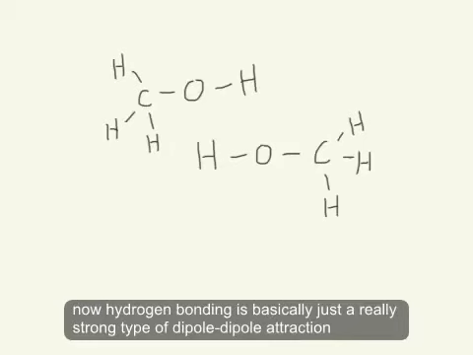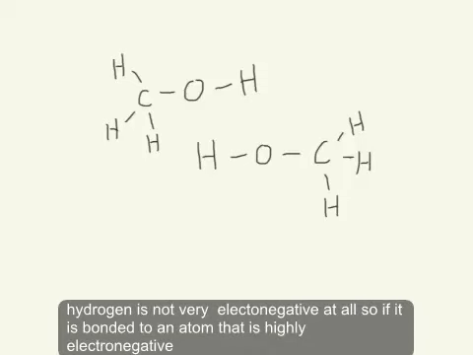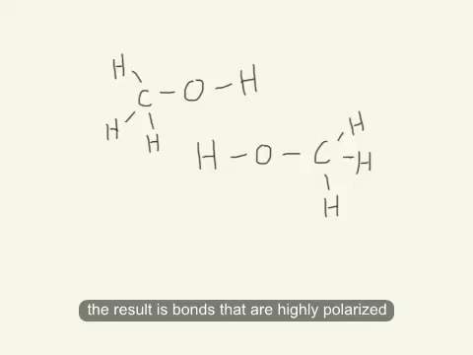Now, hydrogen bonding is basically just a really strong type of dipole-dipole attraction. Hydrogen is not very electronegative at all. So if it is bonded to an atom that is highly electronegative, the result is bonds that are highly polarized.